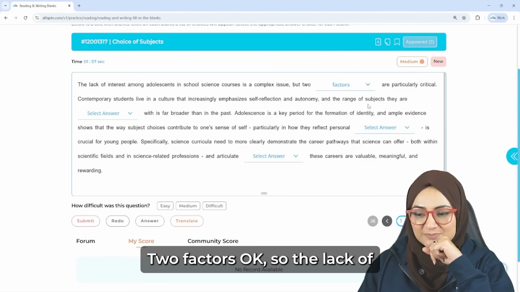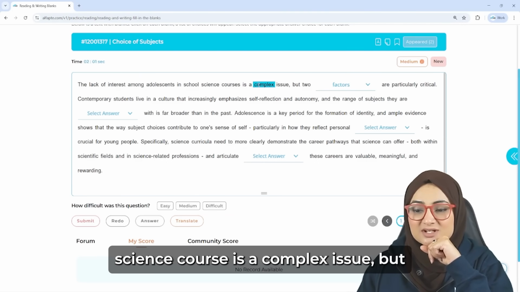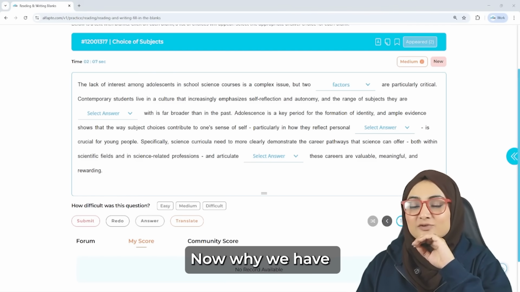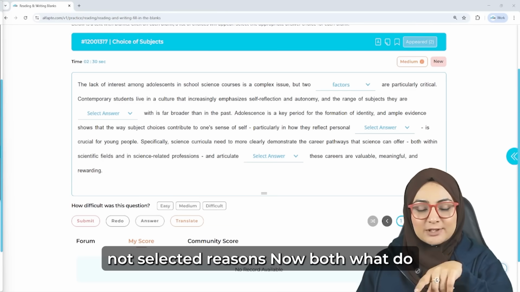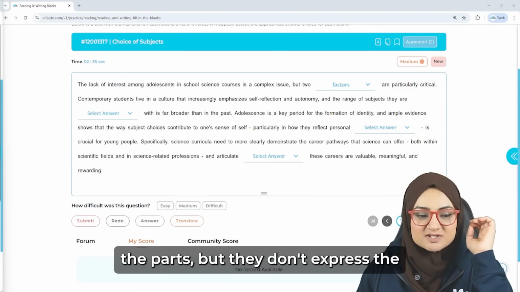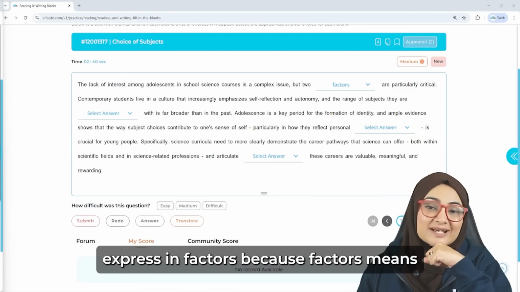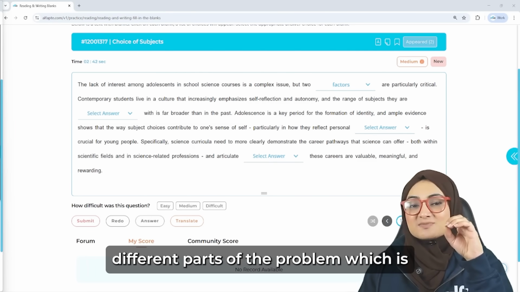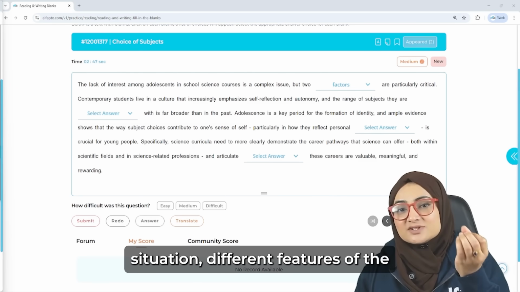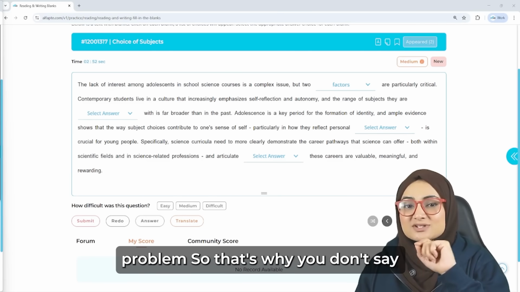2 factors. Okay, so the lack of interest among adolescents in school science course is a complex issue, but 2 factors are particularly critical. Now why we have not selected reasons? Now both elements and reasons refer to the parts, but they don't express the same sense and conditions which you express in factors, because factors means different parts of the problem which is affecting different parts of the situation, different features of the situations, different areas of the situation which is affecting the problem.